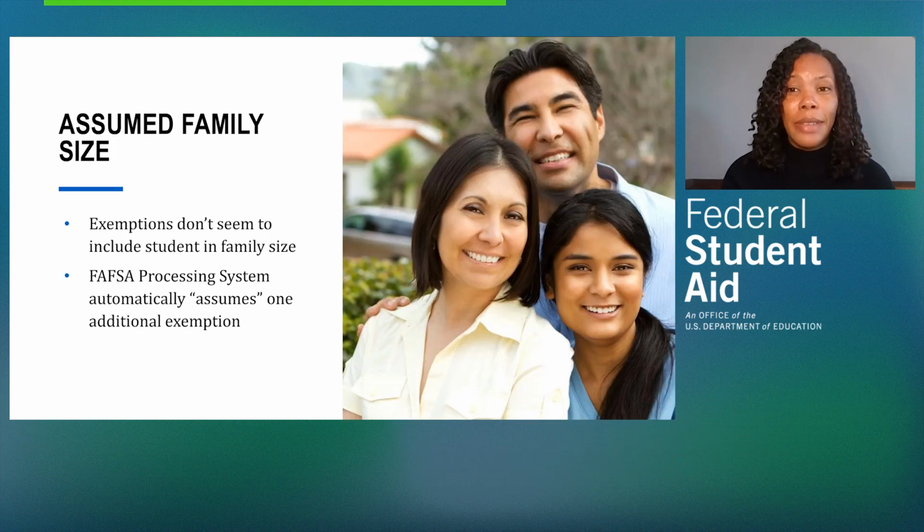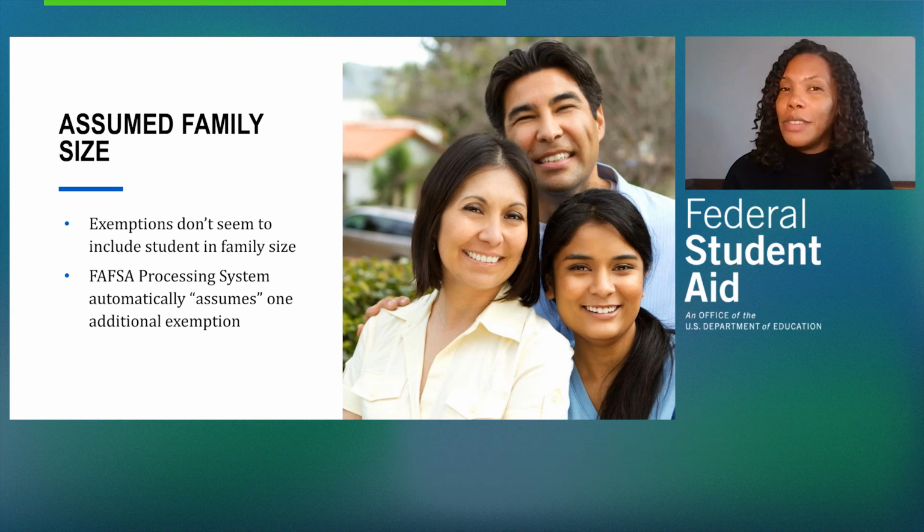Assumed family size happens when the family size that's coming over on the tax return does not make any logical sense to the situation that is on the FAFSA. So for example, if you have a student who states that they were married and their taxes only show themselves on the tax return, that means the family size would be 1.